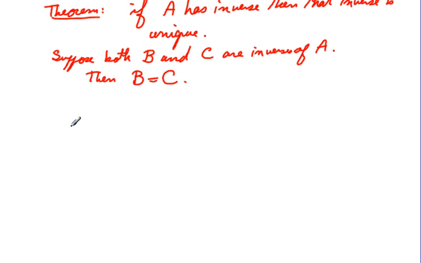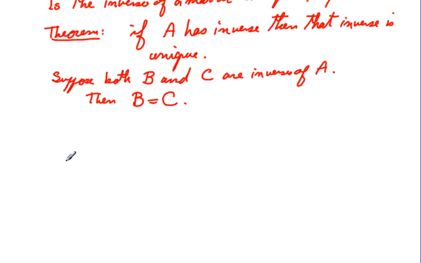How do we go about proving this? Now, this is going to be a little bit different from all the arithmetic we have done so far. We are making a general argument without using any numbers or anything like that. We are just using the definitions and our general logic to arrive at a conclusion without having any specific numbers in front of us. So you might feel a little bit uneasy about such statements, but try your best understanding them. So if I say B is an inverse of A, what does that mean?